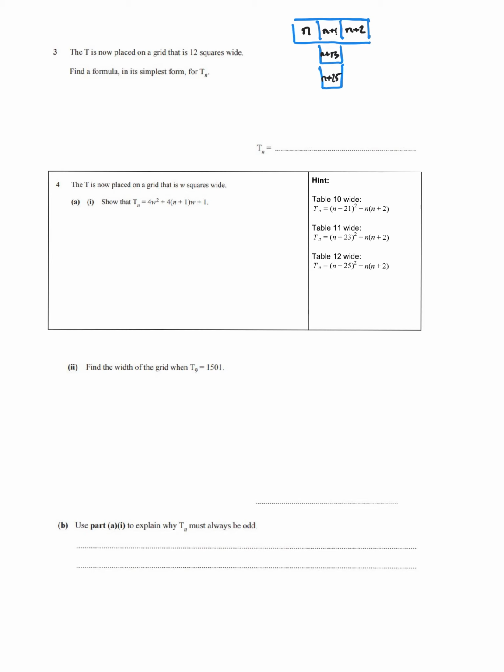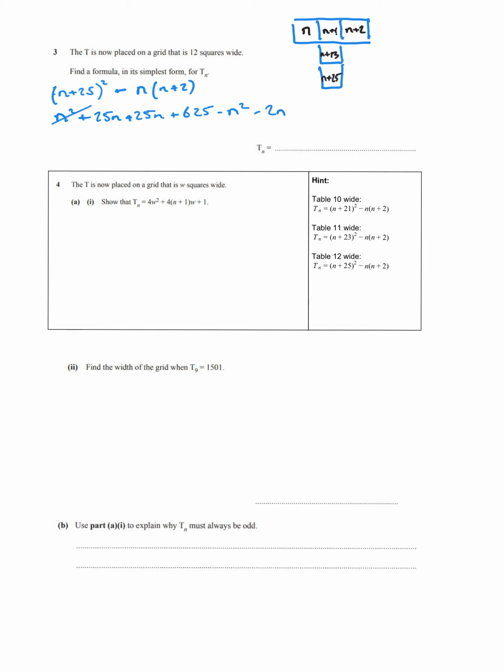It's going to be n plus 25 squared minus n plus 2, which is n squared plus 25n plus 25n plus 625 minus n squared minus 2n.